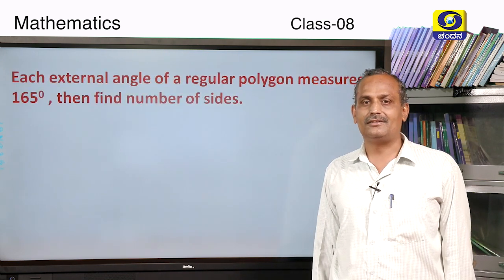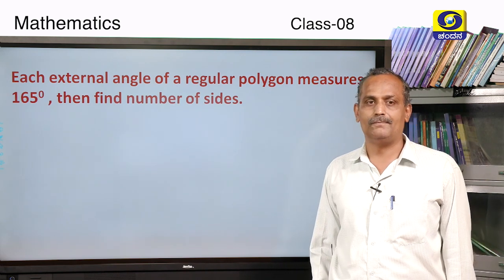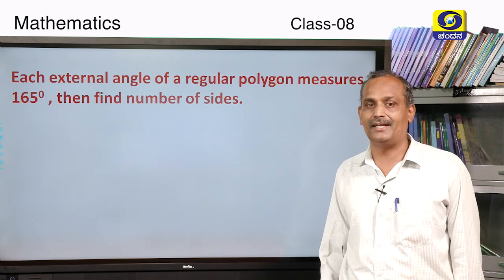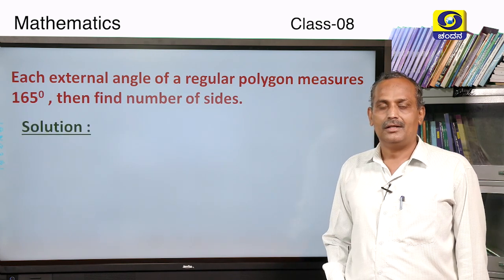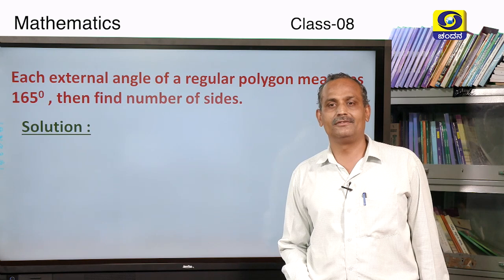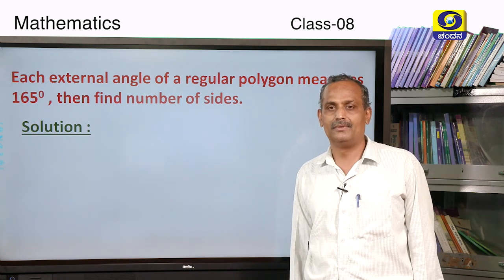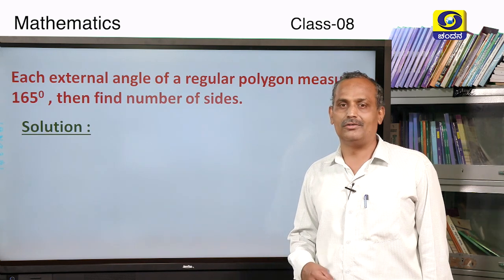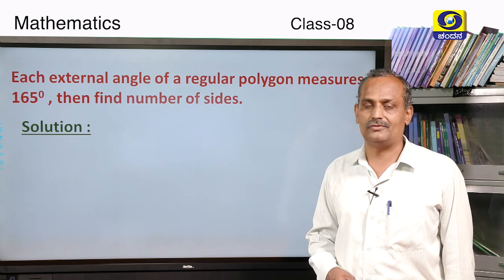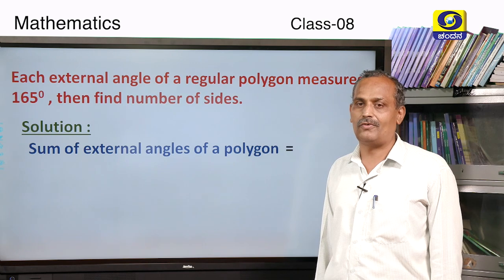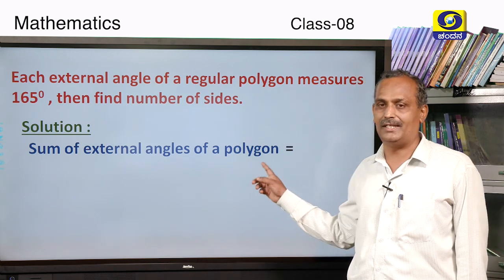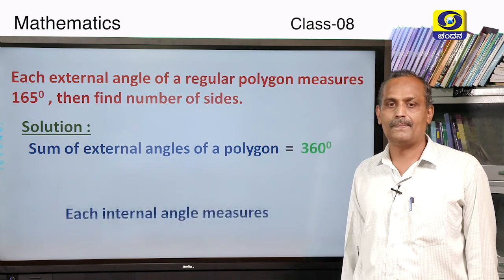Each internal angle of a regular polygon measures 165 degrees, then find the number of sides. So, let us solve it. Dear students, you too should write down the problem and get involved with the discussion of the different problems. The sum of external angles of a polygon, as we have discussed already, is 360 degrees.